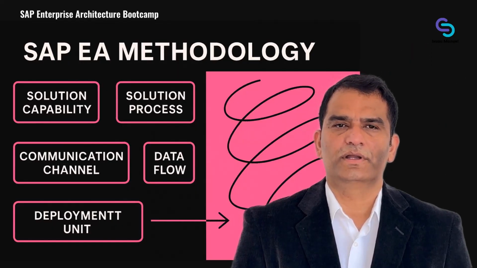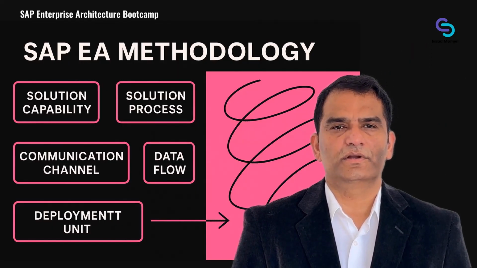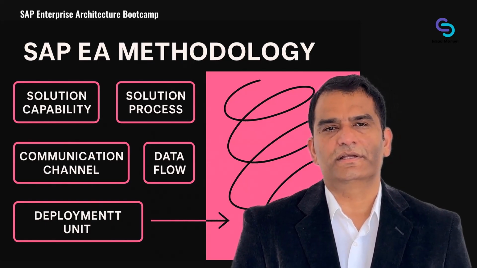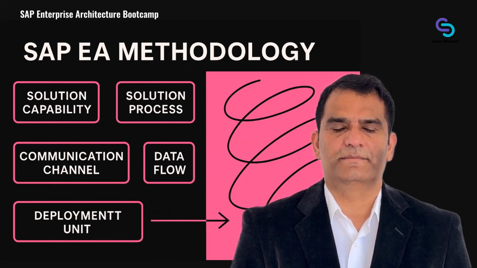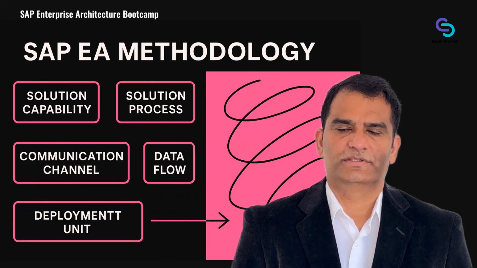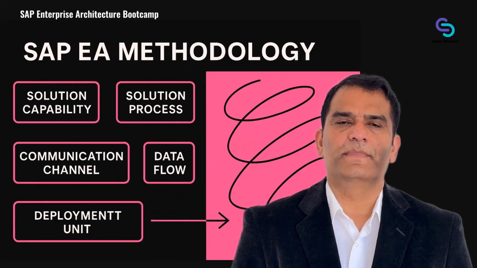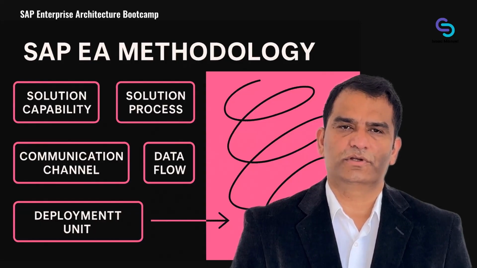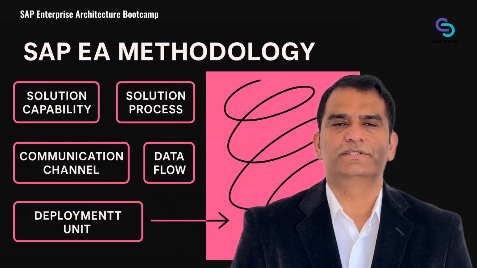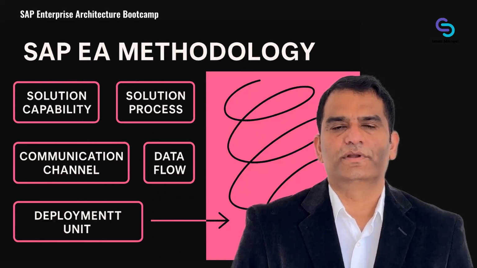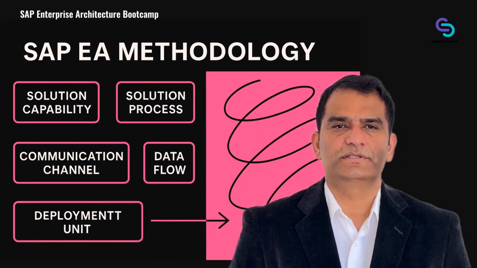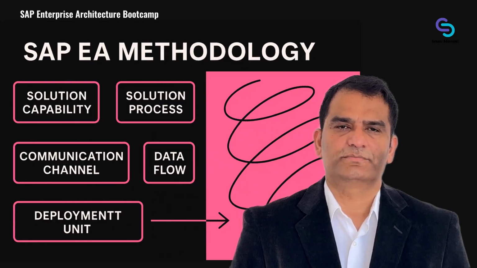SAP's EA meta model is closely aligned with the TOGAF content meta model and also draws from industry standards. However, SAP has included specific concepts relevant to SAP environments. For example, SAP talks about solution capabilities and solution processes. These relate to the functionality of software solutions, often SAP products, and how they implement business processes.